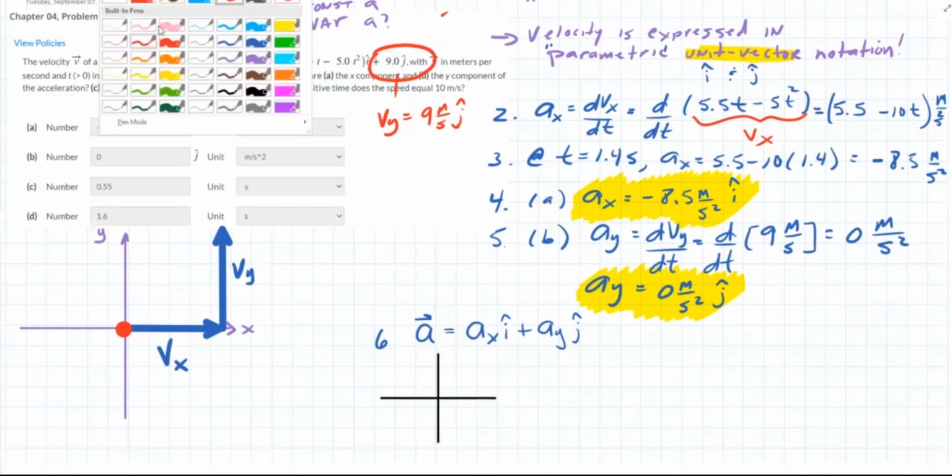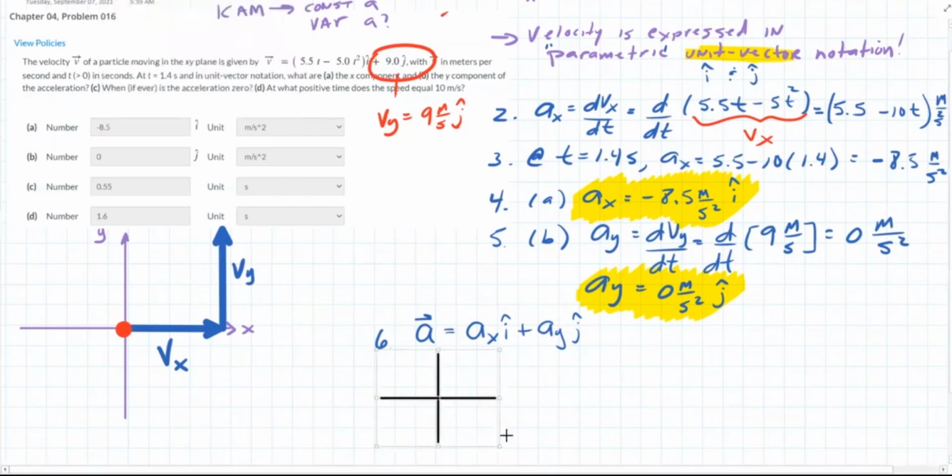This is just general. If you're wondering where these numbers are coming from, I'm just being general. I might have an x component of acceleration and a y component of acceleration. In fact, you always have an x component and you always have a y component. This is a y j hat. This is a x I hat.